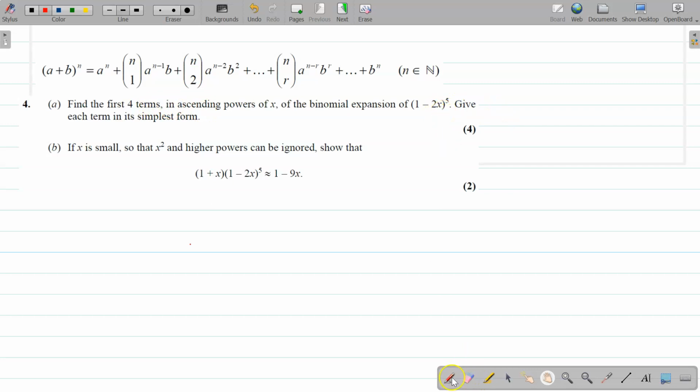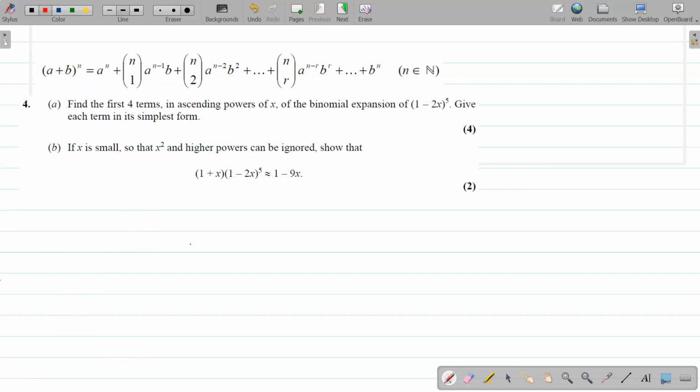The first 4 terms will include the x cubed term as well, so it's the number, the x, the x squared, and the x cubed. Again, we just substitute a and b appropriately. This time a is 1 and b is negative 2x, so we have to be careful about the effects of that negative sign.